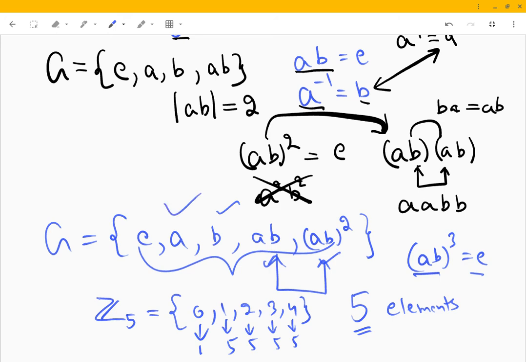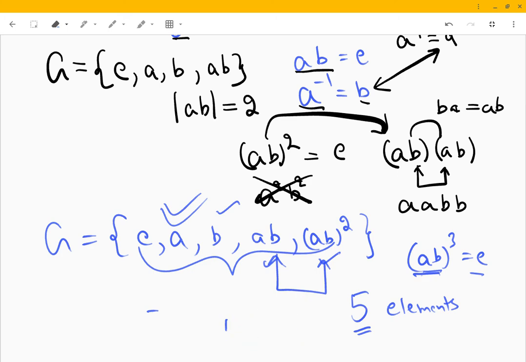So this group technically cannot exist. What does that mean now? That means AB square and AB cube is yet another element.